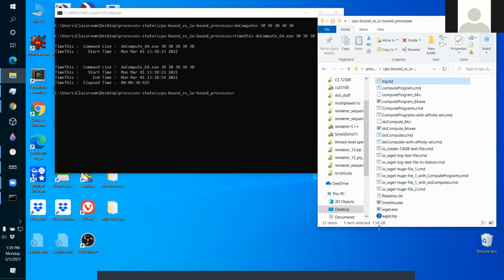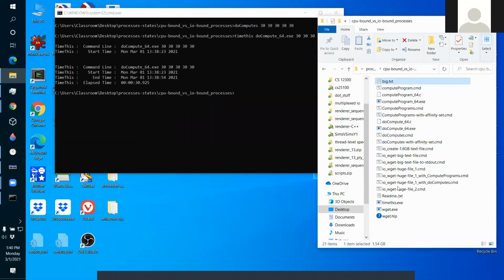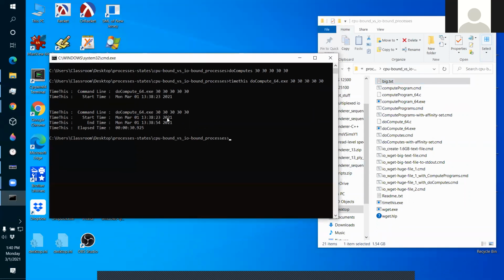See, this file is now 1.5 gigabytes, so it did a lot of I/O. This file grew to 1.5 gigabytes, but it didn't affect my processes. See, these 5 processes ran in just over 30 seconds. The I/O operation didn't impinge on them at all.